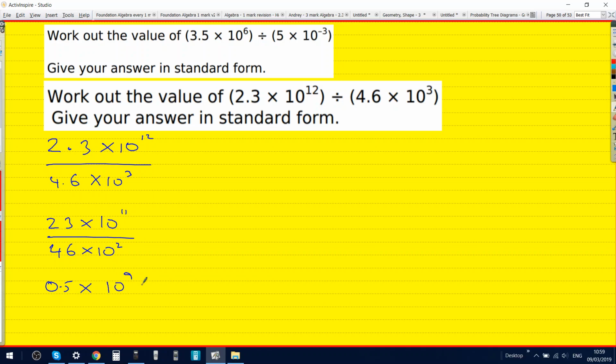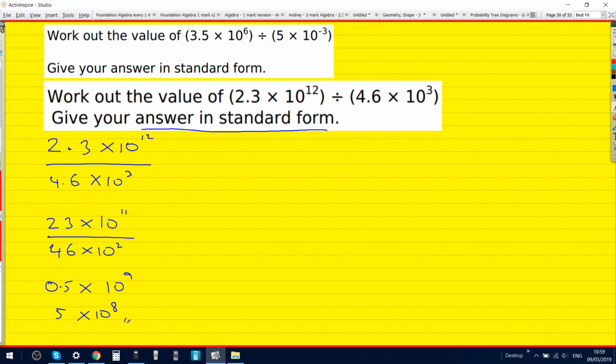Oh, just a second. Five. So what's the answer there? Will that be 5 with 8 zeros? So 5 times 10 to the 8? Yeah.